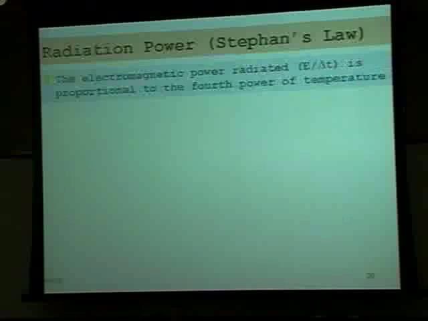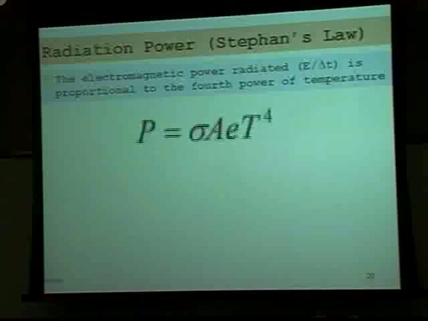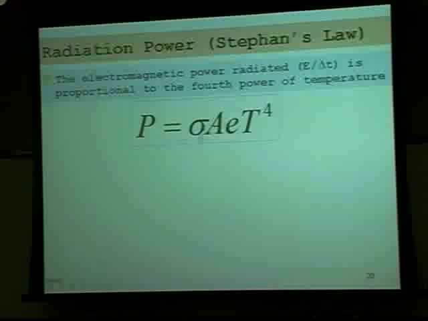In Stefan's law, the electromagnetic power radiated, the energy per time, is proportional to the fourth power of the temperature of the object. And it looks like this: power, energy per time, equals sigma A E, temperature to the fourth power.